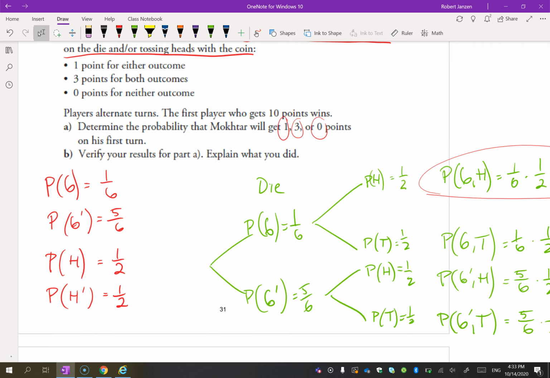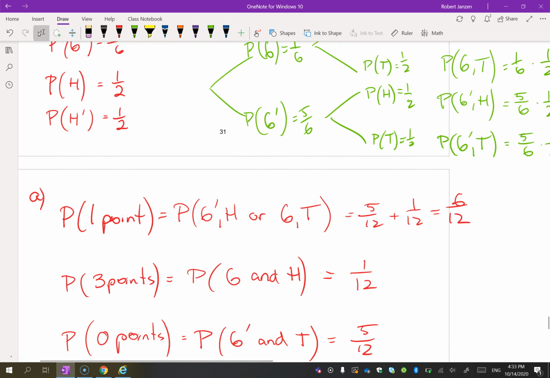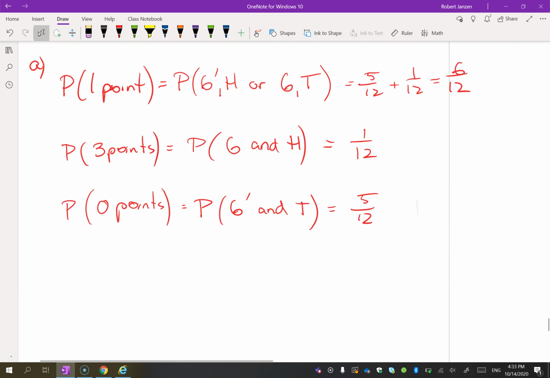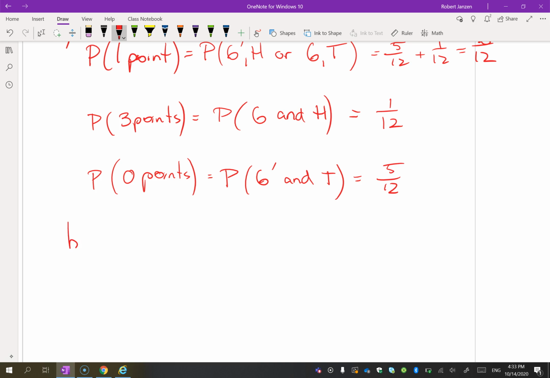Part B, verify your results, explain what you did. The total probability should add up to 100%. So one way to check is to add up all the probabilities, because these are the probabilities of everything happening.